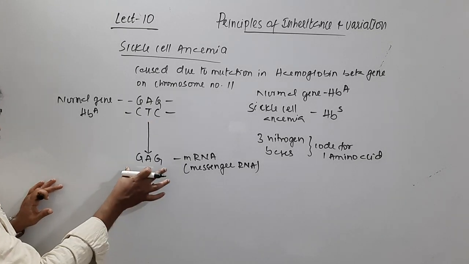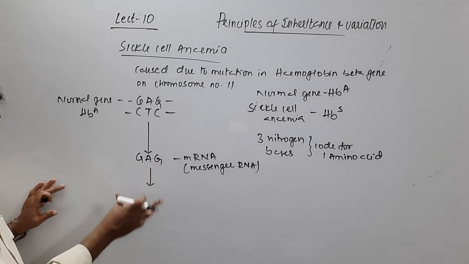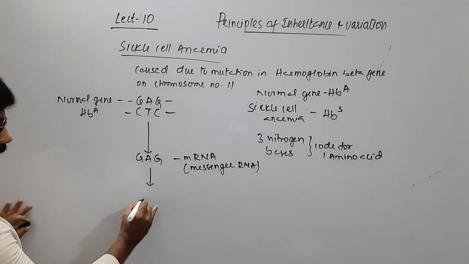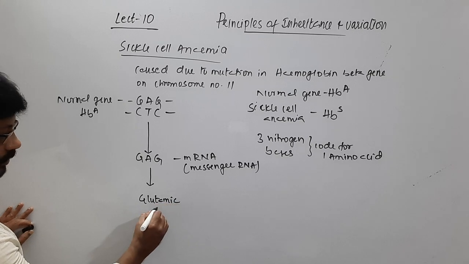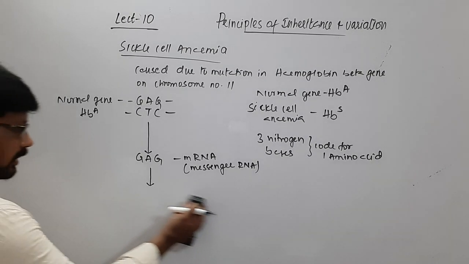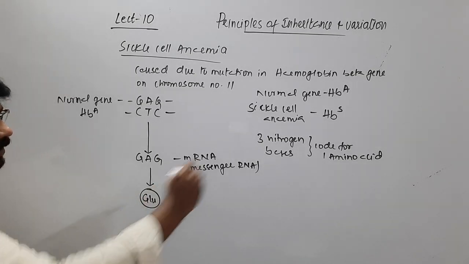So here this GAG, the three nitrogen bases, as I told you, are going to code for a particular amino acid, and that will be glutamic acid. So it's going to code for glutamic acid. I'll just mention it as GLU.